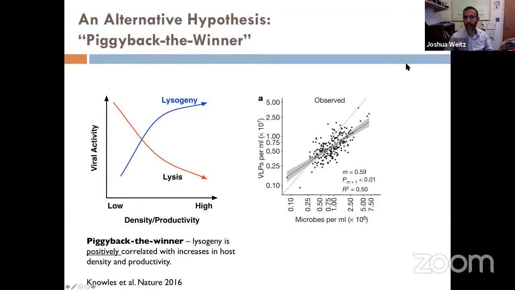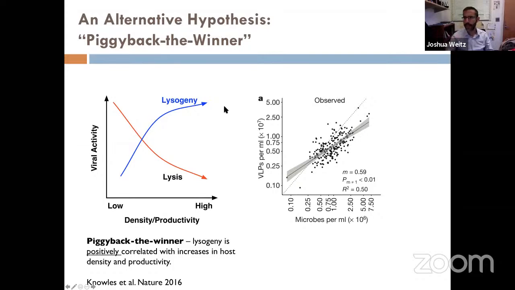So we have a straight line here, which denotes a linear relationship. And the data, although scattered, implies a slope that is less than 1. In other words, the ratio of virus to microbes seems to decrease as microbes increase. Okay. So that was a claim, and this was the putative mechanism.